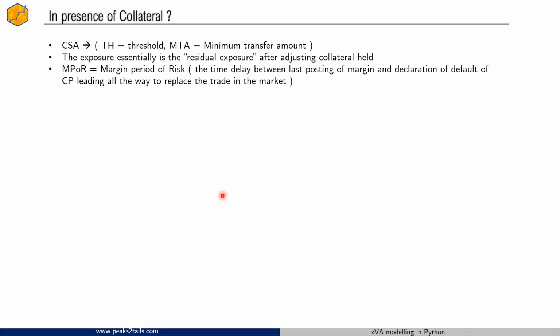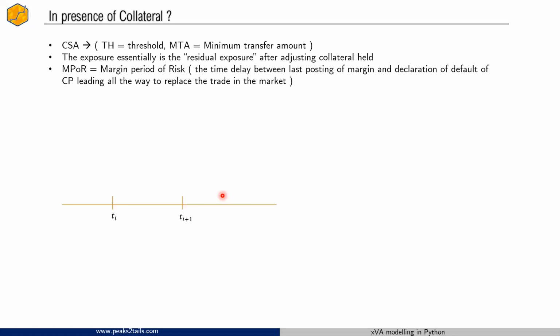For that entire time period, your exposure could be increasing because it's based on market factors, right? You cannot have collateral in that period. So that's called margin period of risk. And when we provision capital, we have to take care of the margin period of risk. That's like the conservative estimate of the vulnerable time during which my exposure can blow up.